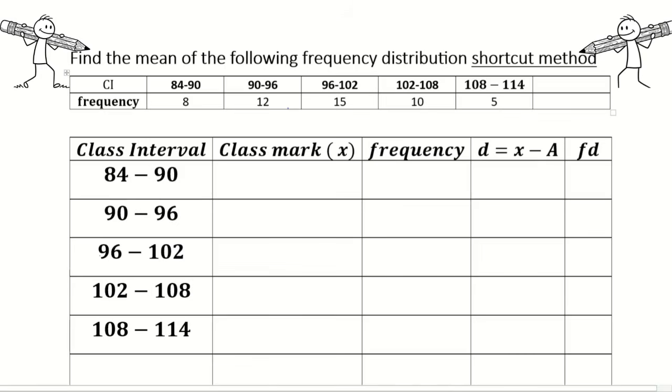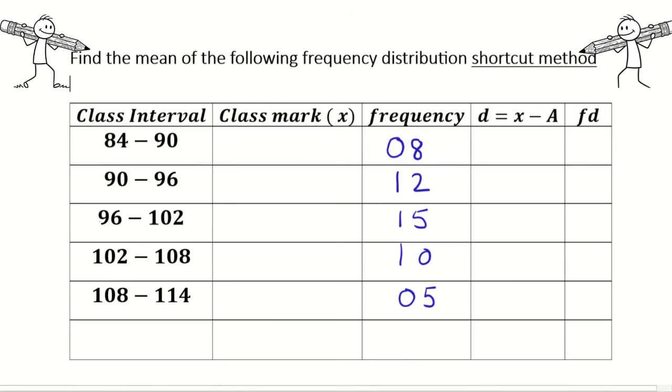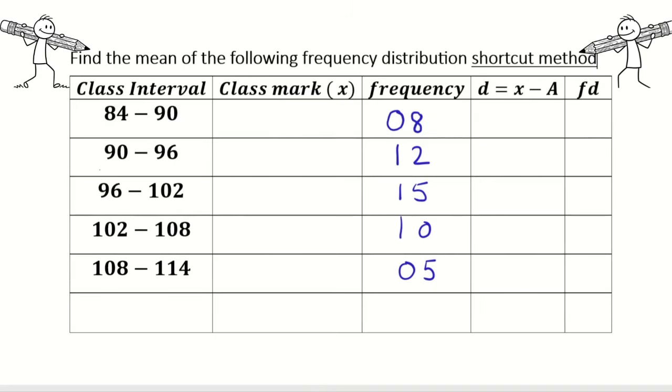So let us just copy this. 84 to 90 is 8, then 12, 15, 10, and 5. If you have noted, I have copied it as it is, because I'm not going to copy this again in the rough for the calculation part. So our table is ready.